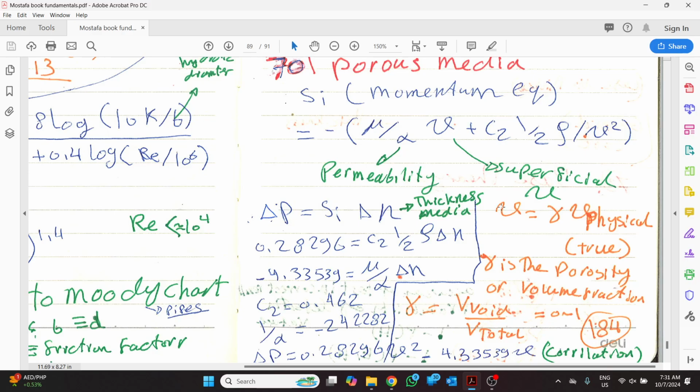So the superficial velocity is less than the actual velocity. By default, if you have a stream of air coming into a perforated fabric, the velocity will not be the same inside the fabric. This is the point.